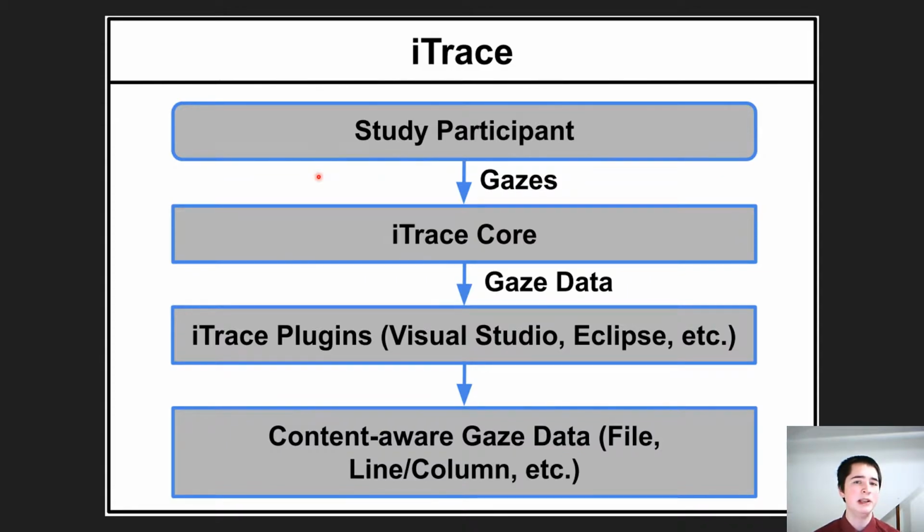This data would be processed into a unified format by iTrace Core, and then that unified gaze data would be sent to the plugins for analysis to happen. This is the step where what line and column inside a file someone's looking at is processed, and at the end of it the content-aware gaze data is produced.